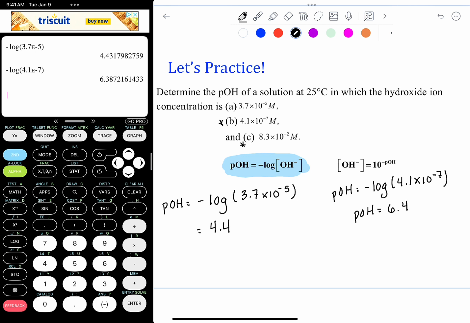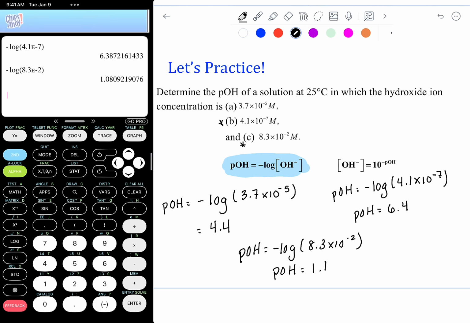And finally, for C, we get the pOH is equal to the negative log of 8.3 times 10 to the minus 2, which is equal to 1.1 with sig figs and rounding. There we go, 1.1 for our last one there.